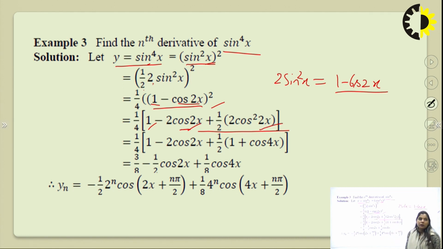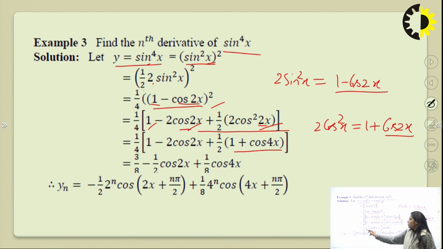To convert it into standard form, we will apply the formula 2 cos square x is equal to 1 plus cos 2x. So here cos square 2x, so here will be cos 4x, okay, 1 by 2 (1 plus cos 4x). So it is equal to 3 by 8 minus 1 by 2 cos 2x plus 1 by 8 cos 4x, and now all three are in standard form.